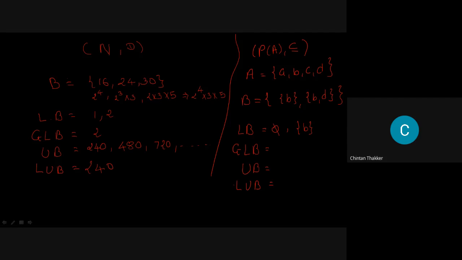Greatest lower bound कौन सी होगी? Singleton {b}. So here the greatest lower bound is singleton {b}. Now find out the upper bounds.